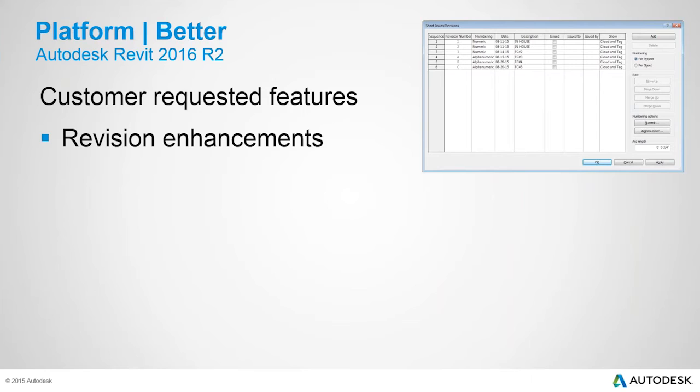Additional information is now available and this should make it easier for us to see exactly how the revision number will be generated and to select revisions to include in a revision schedule. The sheet issue revisions dialog box has got a new column in there for revision numbers. Okay, you can see it here.